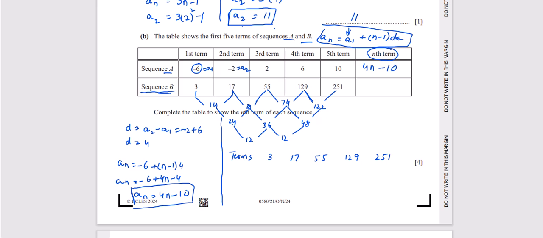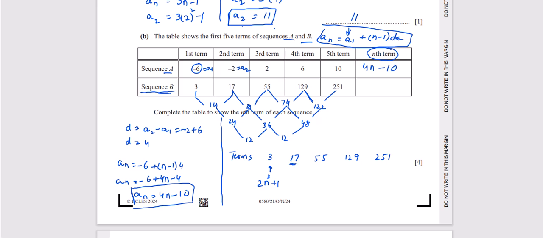So if we generate a formula like this, 2 n raised to the power 3 plus 1, put the value n is equal to 1: 1 raised to the power 3 is equal to 1, 1 times 2 plus 1, that is equal to 3. Put n is equal to 2: 2 raised to the power 3 is equal to 8, 8 multiplied by 2 is 16, 16 plus 1 is equal to 17.